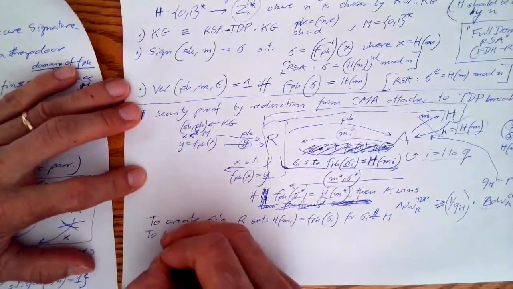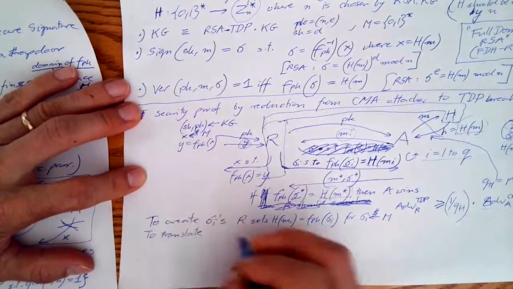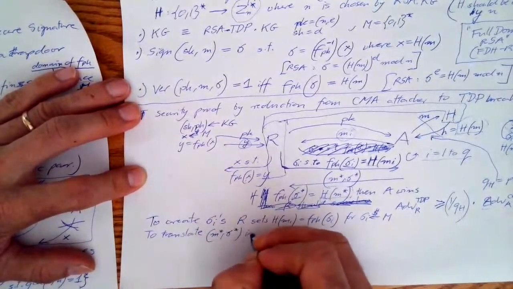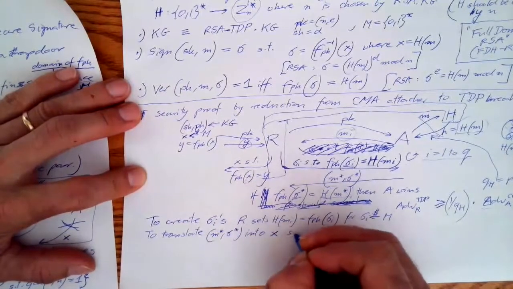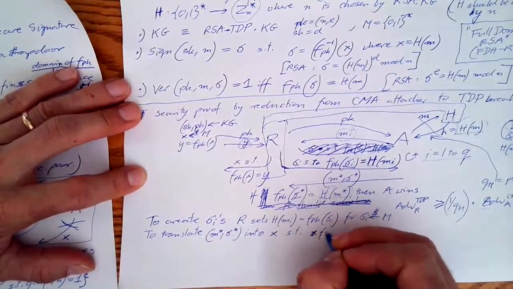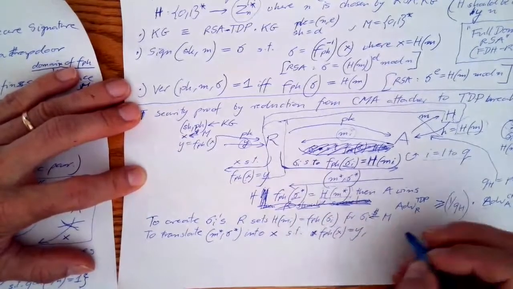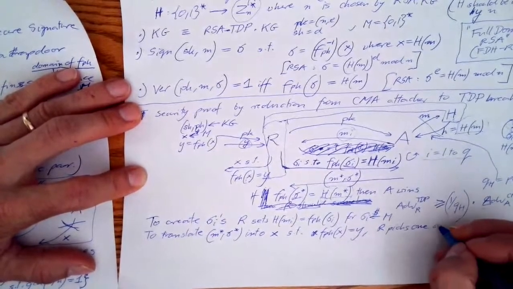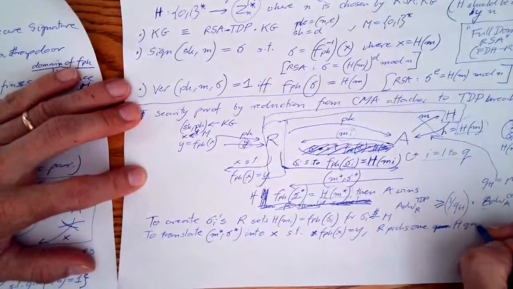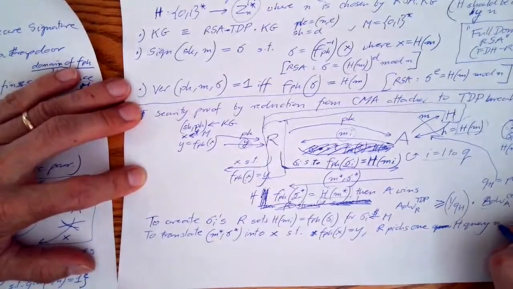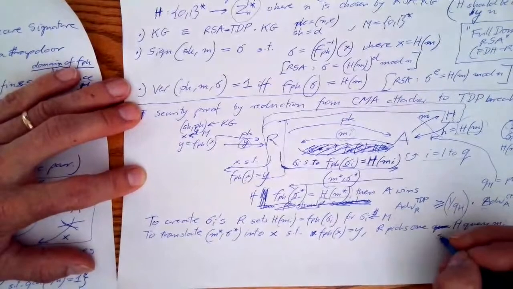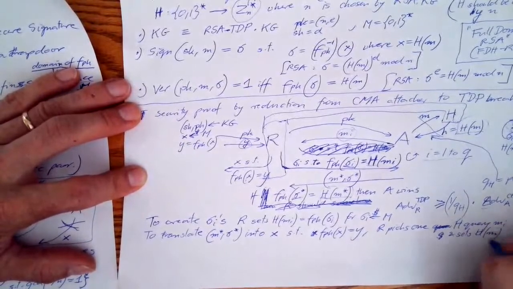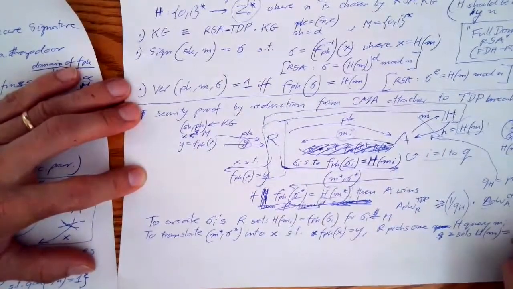To translate a message signature into x such that f_pk(x) is y, the reduction R picks one query, one H query m_i, and sets hash of m_i not in this way, but to y.